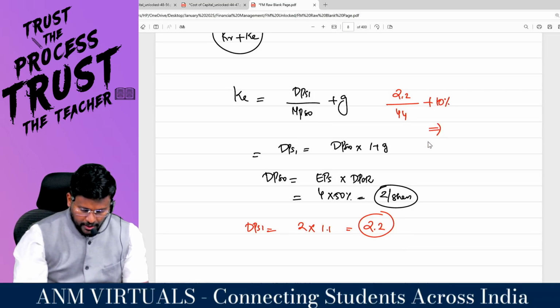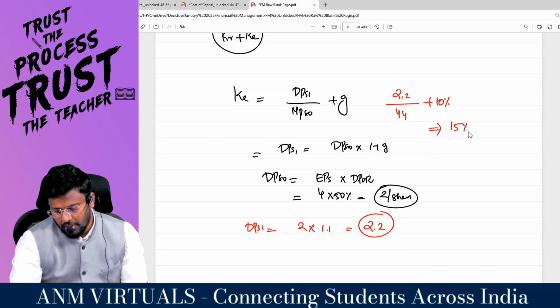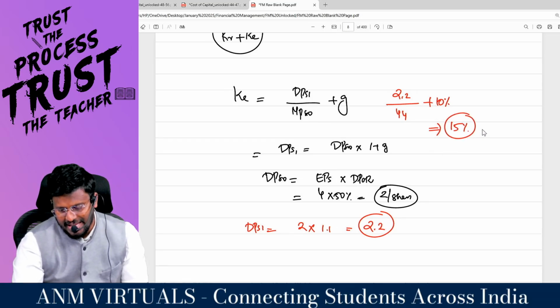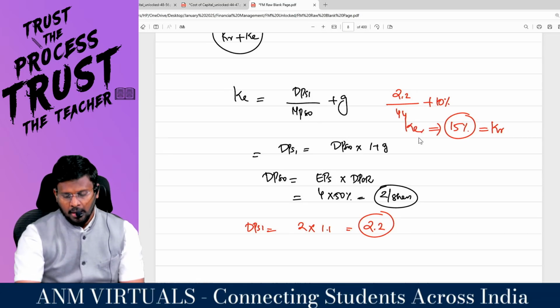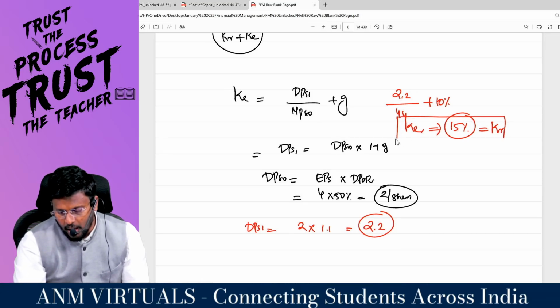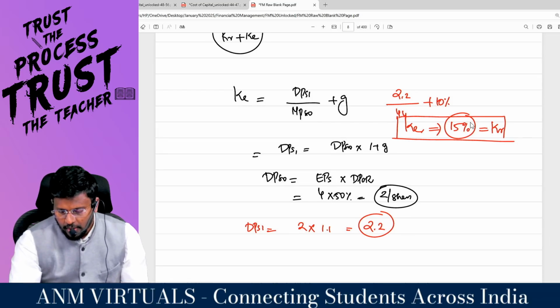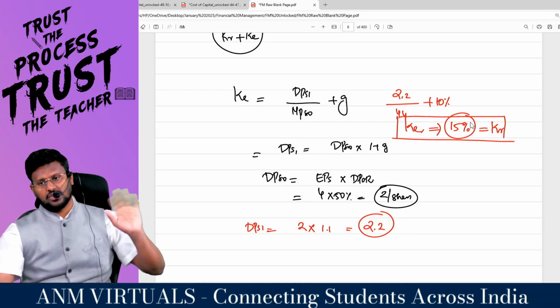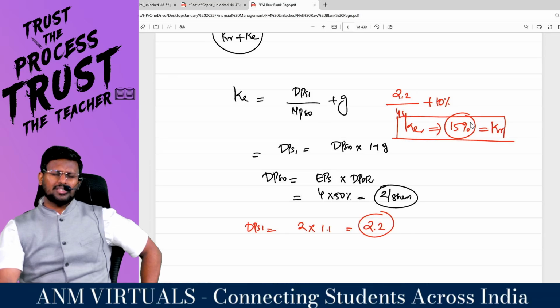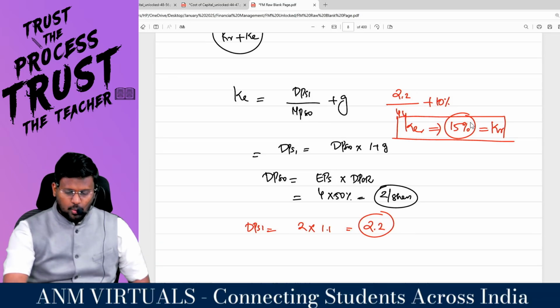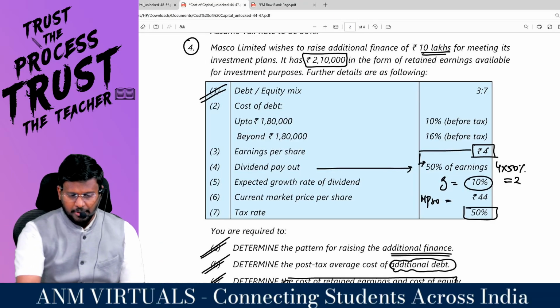So 2.2 divided by 44 means 5 plus 10 comes to 15 percent, which is KE, equal to KR. Are you all really with me? KE is equal to KR. In this question, they have not mentioned the flotation cost. If there is no flotation cost, as we all studied, KR is equal to KE, so it is 15 percent.